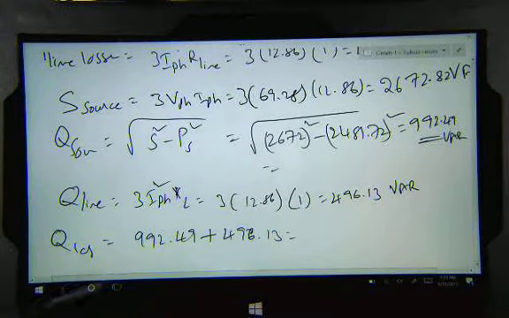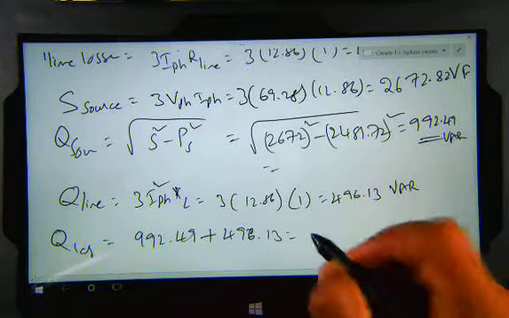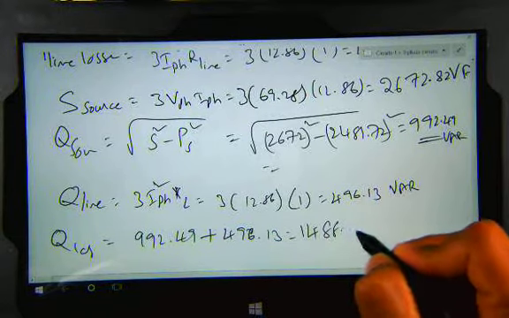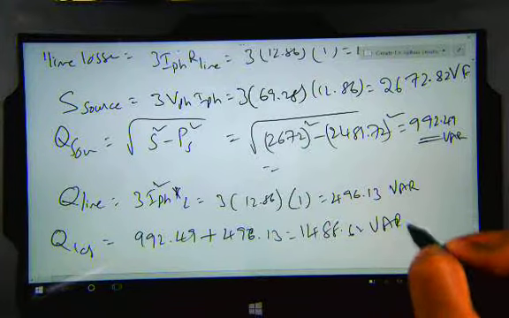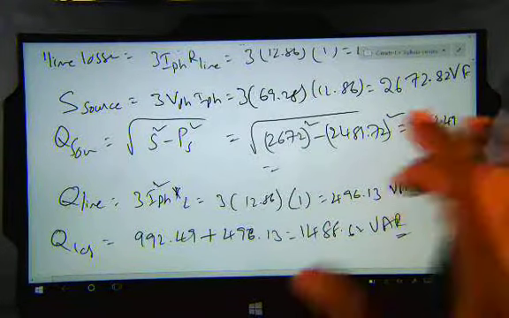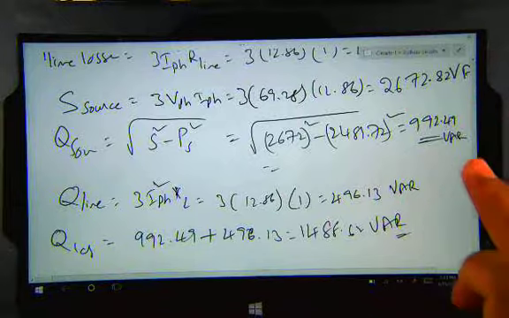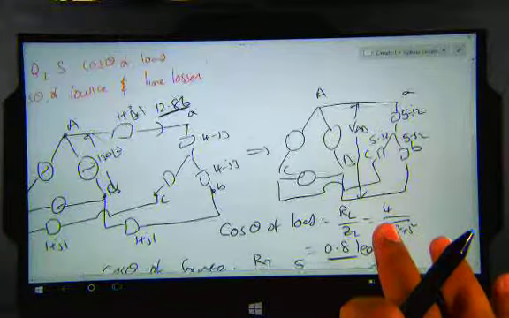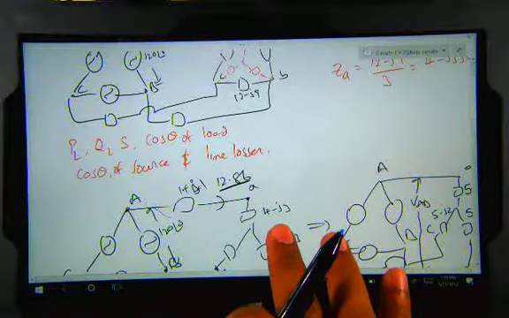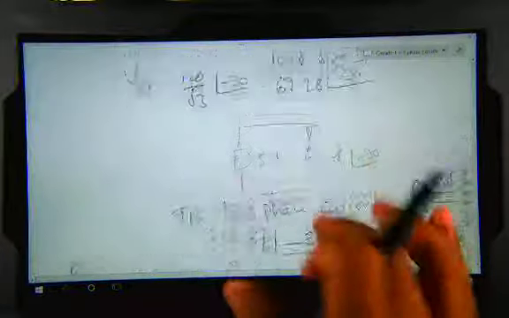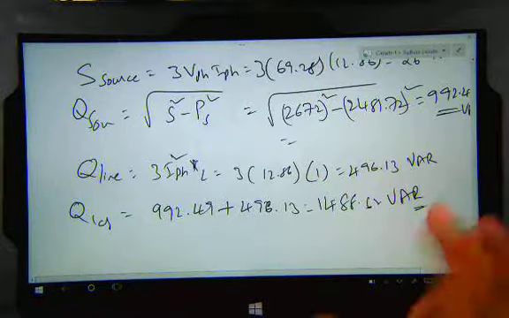In this case, the load is generating since it is a capacitive load. This value is 1488.62 volt ampere reactive. So we have P and Q for the source as well as the load. What else is he asking for? Cos theta of load, line losses, we have everything in this example. Okay, thank you.